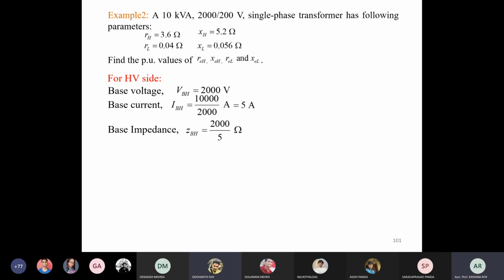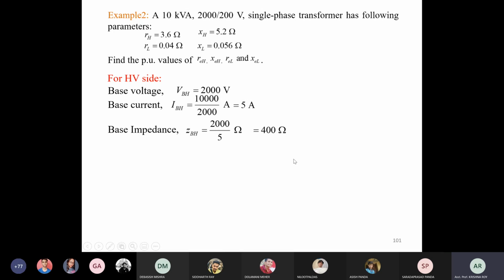Sir, voltage on high voltage side whole square by rated VA. Yes. So you can apply 2000 square divided by 10 kVA, so 10 into 1000. From that you also can calculate this ZBH. So this is 400 ohm. The base impedance of high voltage side is 400 ohm.